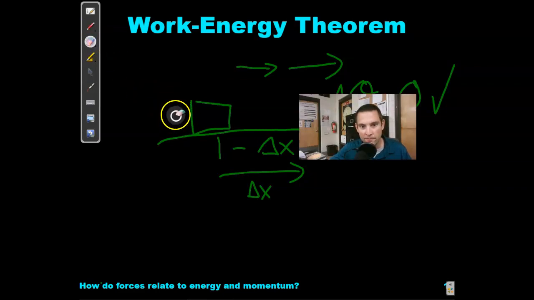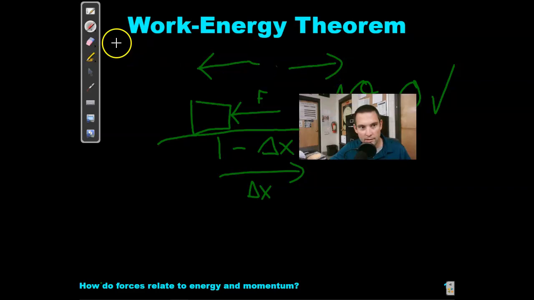If I change my force and say, okay, now I'm going to apply a force this direction, well, now our force is to the left while displacement is to the right. Not to scale. Please don't worry about the size of these vectors. So now I have an angle difference of 180 degrees.